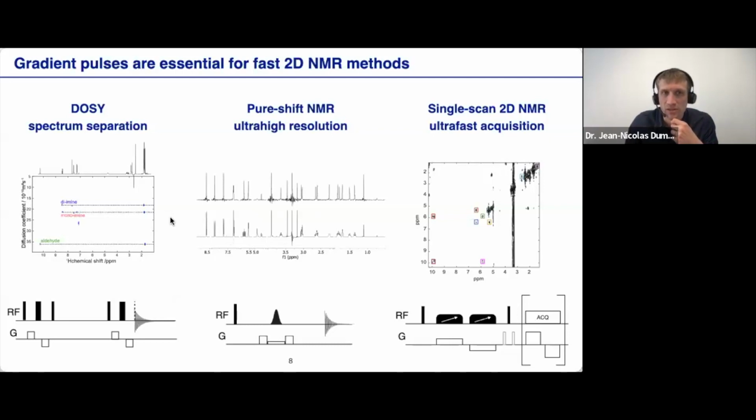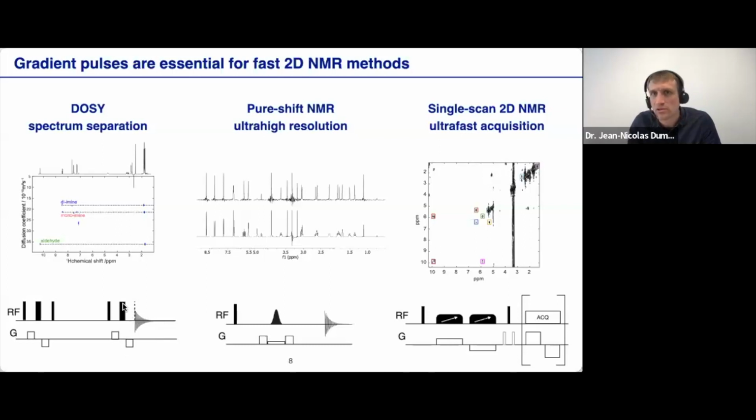One of them is diffusion NMR. I will also describe the case of pure shift NMR to obtain higher resolution proton spectra, as well as ultrafast NMR based on spatial polarization. What these methods have in common is that they all rely on the application of magnetic field gradients so that essentially different things happen in different parts of the sample.